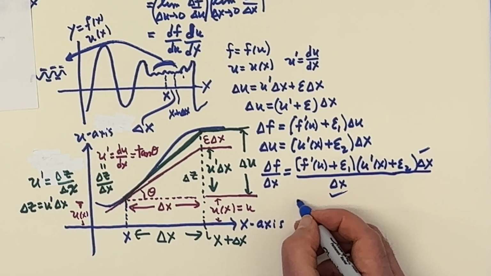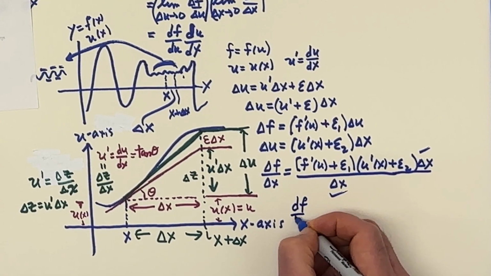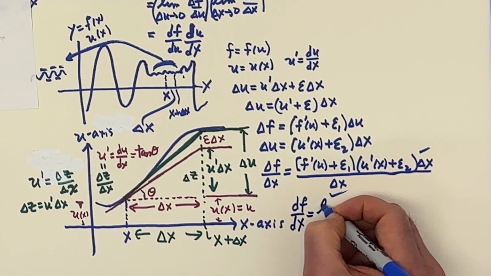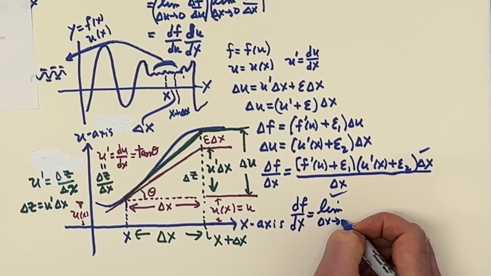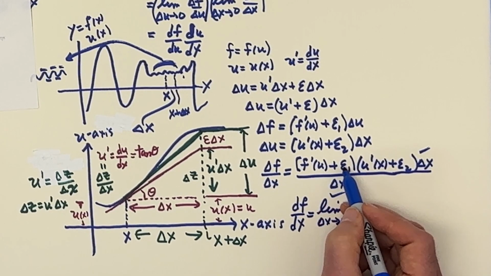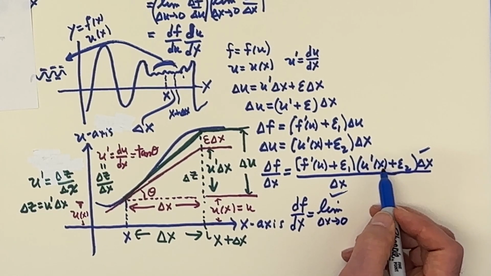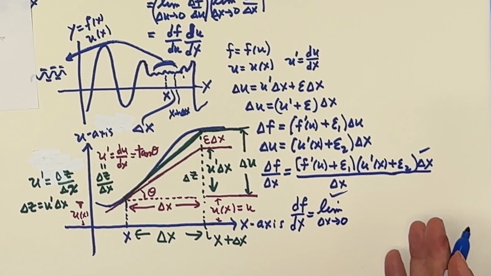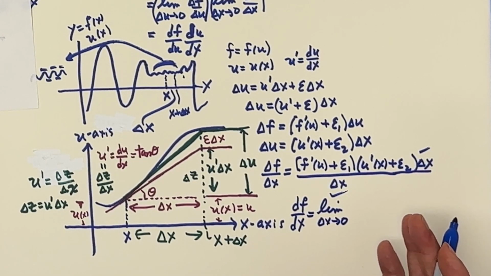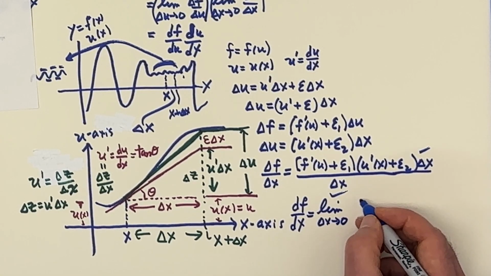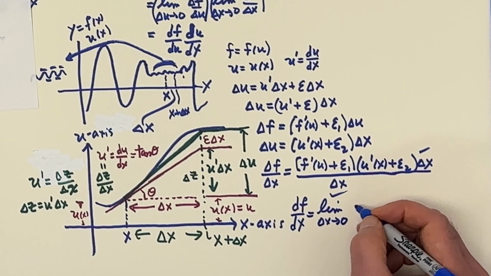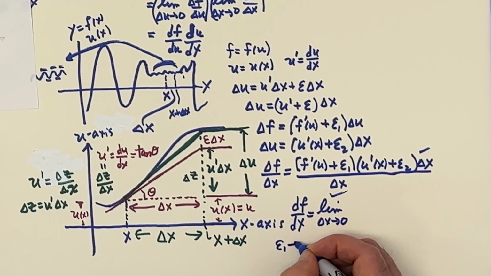So in other words, we have df dx as the limit as delta x goes to 0, then these error terms are going to drop out. See, I don't have to worry about dividing by a delta u here. In fact, I don't even have to worry about dividing by a delta x at this point. So when this happens, the epsilons are going to go to 0.